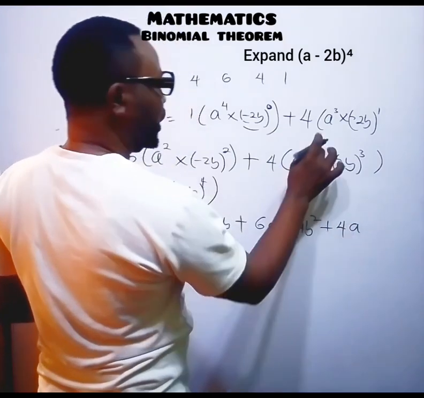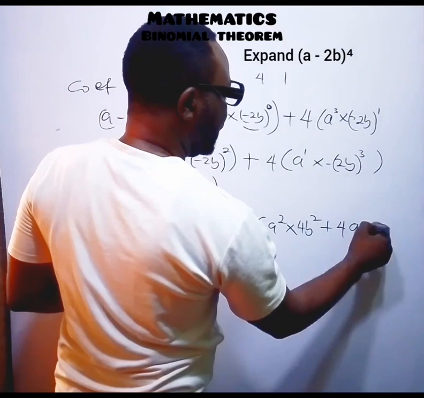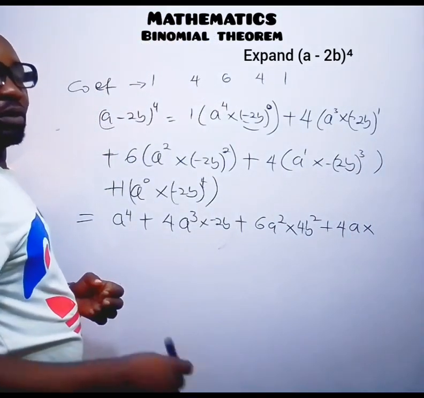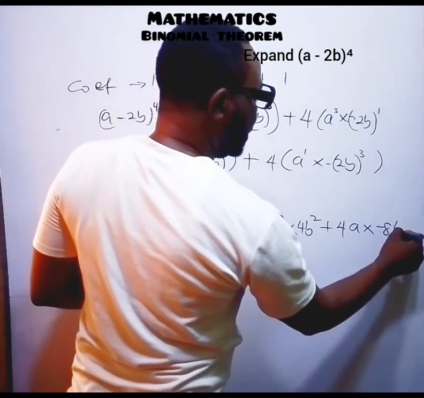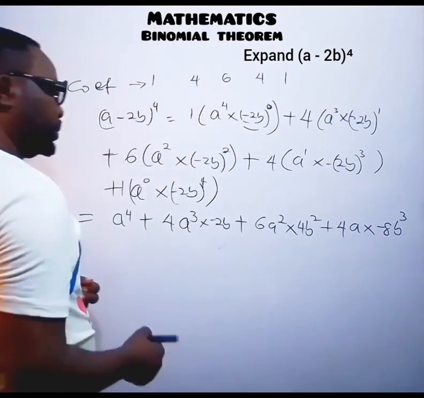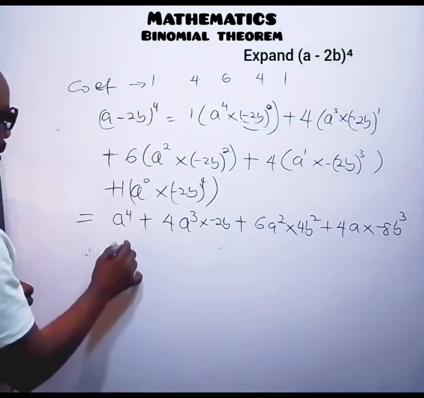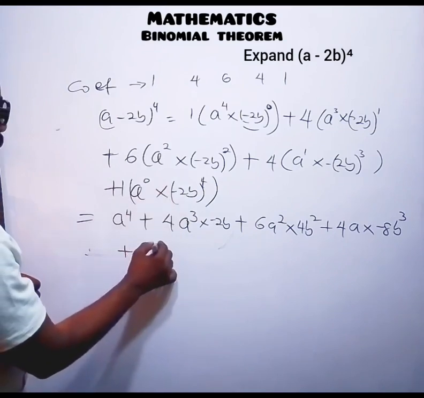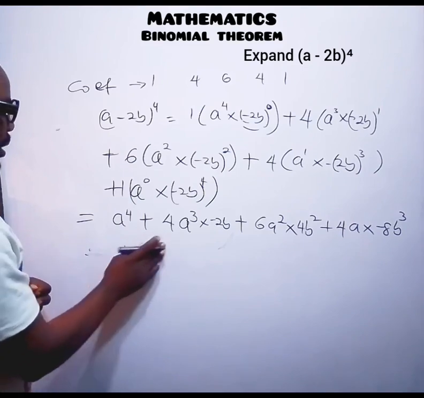4 times a raised to the power of 1 is 4a, multiplied by minus 2b raised to the power of 3, that will be equal to minus 2 times minus 2 times minus 2, that will be equal to minus 8b raised to the power of 3. Then again plus, we are having this term here, 1 multiplied by 1 times a raised to the power of 0 is 1.